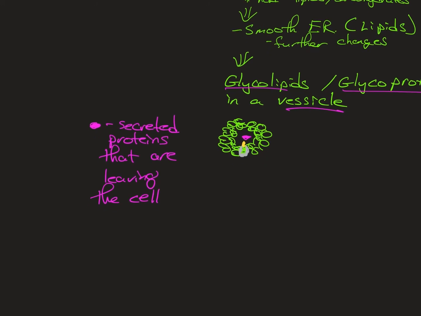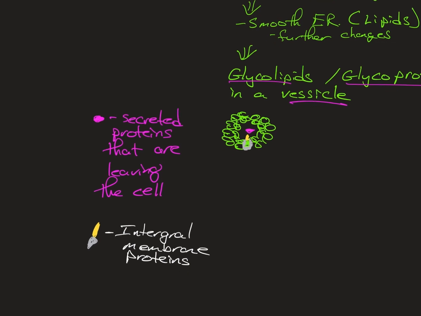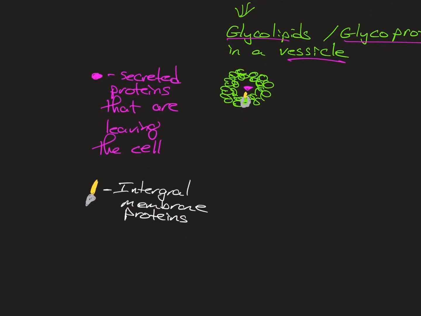you. So what you see is that you get this protein that's stuck in the membrane of the vesicle. These are going to be integral membrane proteins. When they get to the outer membrane, the cell membrane, what are they going to be?